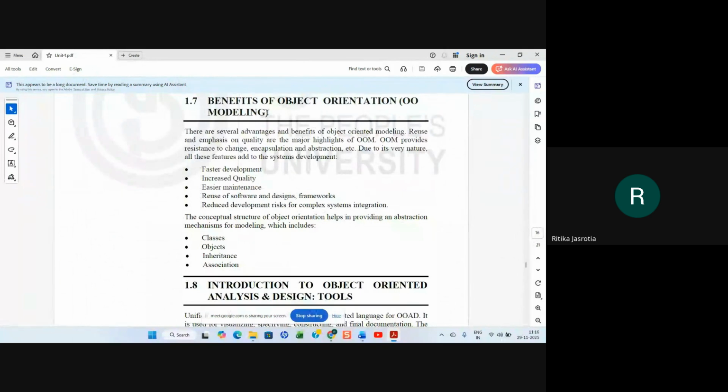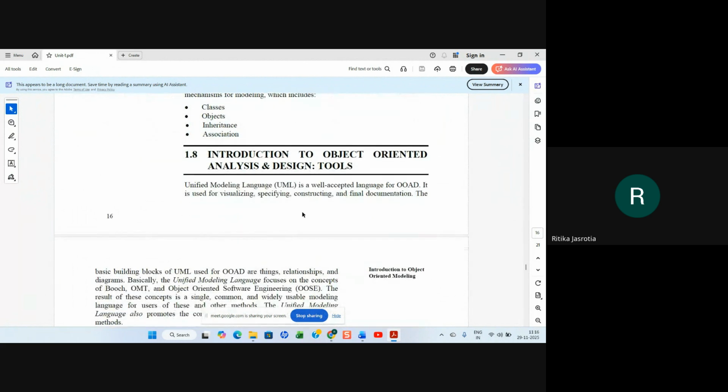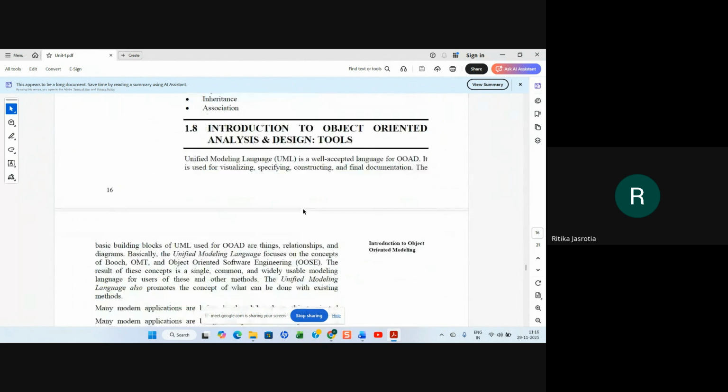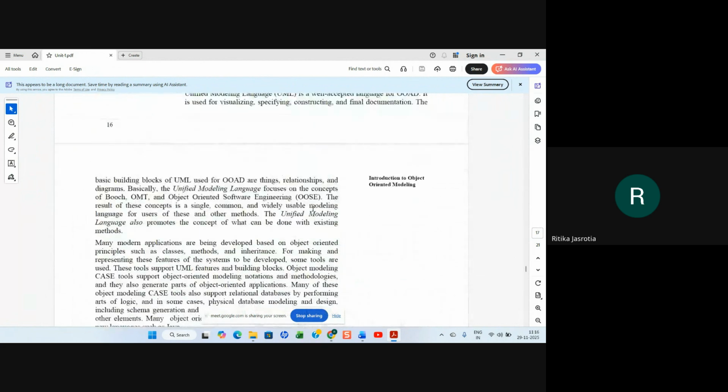Benefits of object oriented modeling is also given. You can also put it in object oriented analysis and design: faster development, increased quality, easier maintenance, reuse of software design framework, reduce development risk. So these are the advantages.